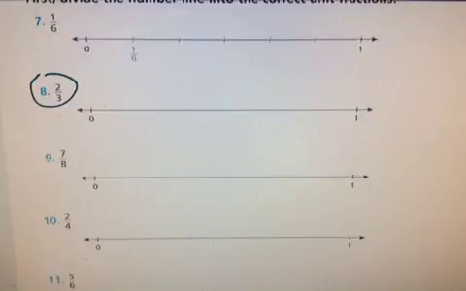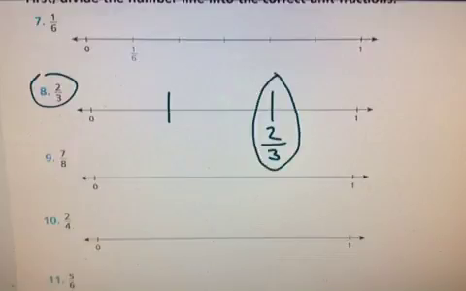That means we have to split it up into 3's. So split it up here and here. So now we have 1, 2, 3 equal sections. And which one is 2/3? This is the second one out of the 3. So right there is 2/3.